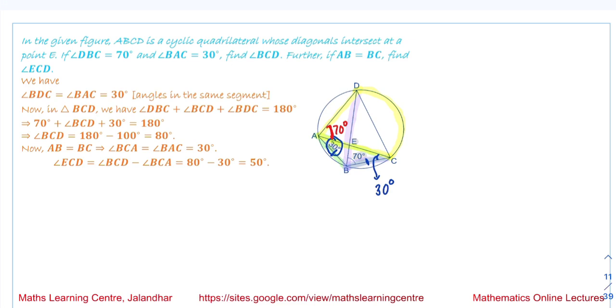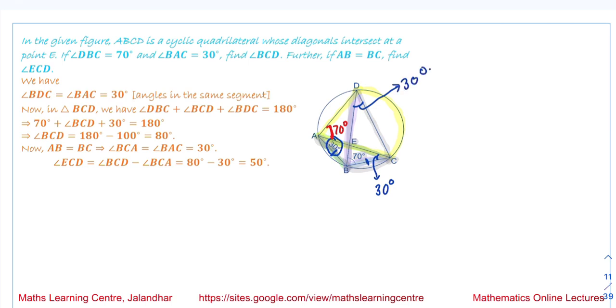Similarly, if we look at the arc BC, on BC the angle BAC and angle BDC will be equal. So angle BDC will be 30 degrees.